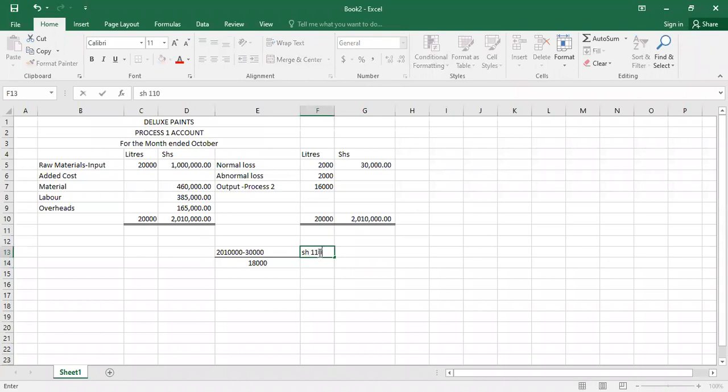So we are going to multiply the abnormal loss by 110. What are you going to get? 2,000 times 110, 220,000.